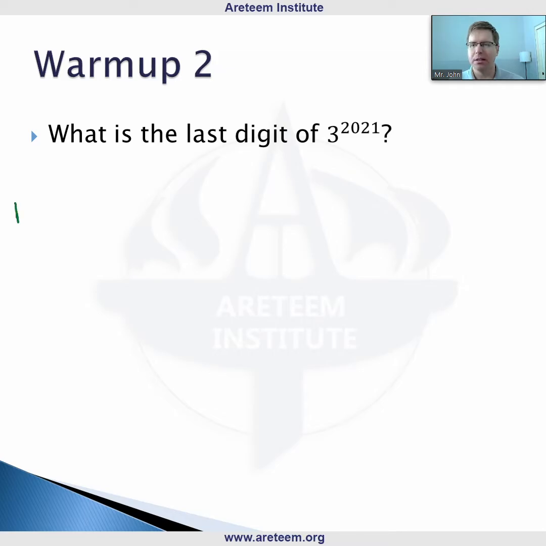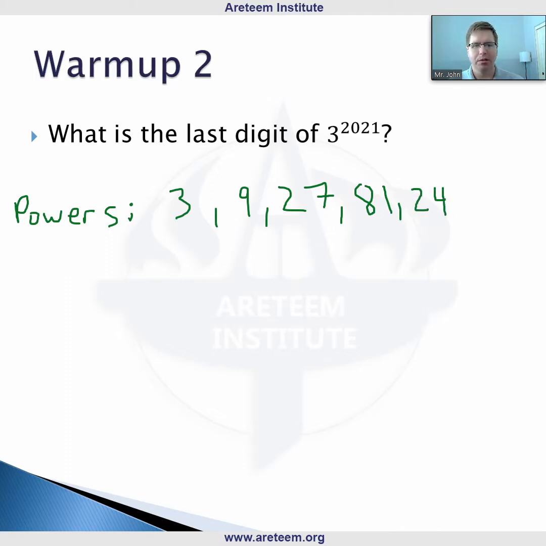So we have 3, then 3 squared is 9, 3 cubed is 27, to the 4th power is 81, then we have 243. If we wanted to go one further, we would have 729.